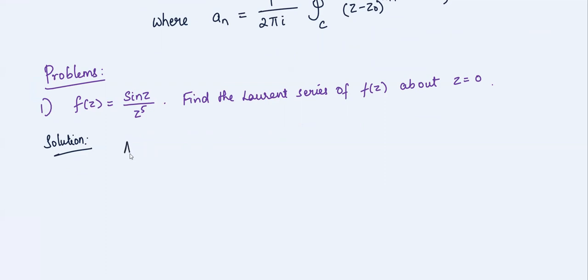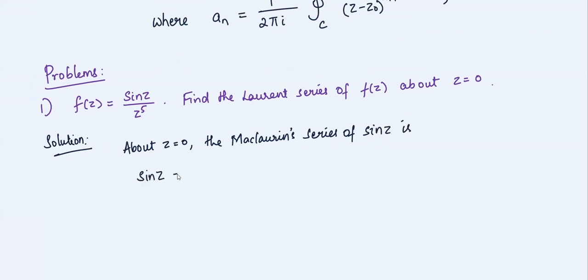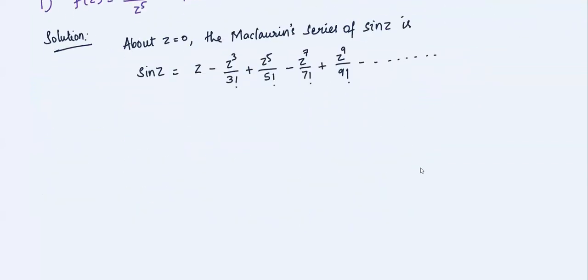Now about z equal to 0, the Maclaurin series of sine z is, we know, z minus z cube by 3 factorial plus z power 5 by 5 factorial minus z power 7 by 7 factorial and so on. This is just the series expansion of the sine function.